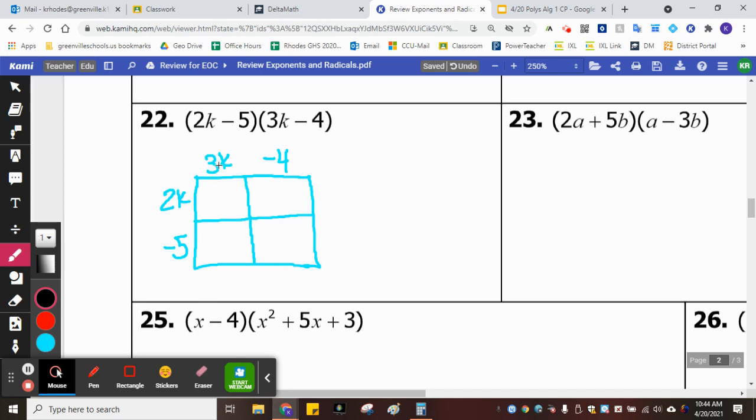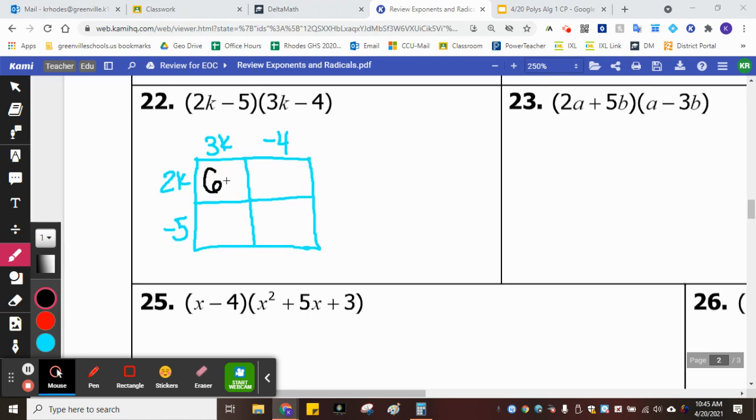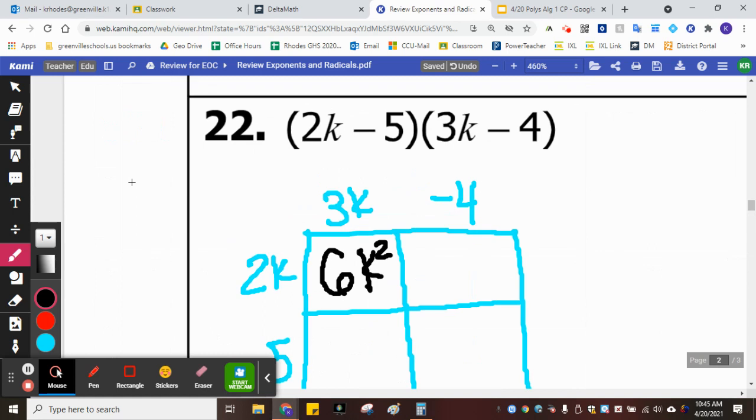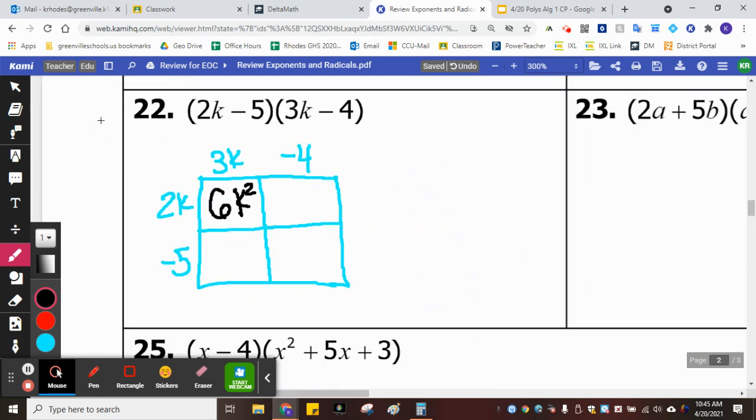So just the numbers, 2 times 3. How many k's? 2. So k squared. 3 times 4 is 12. And it was negative 4, so negative 8.